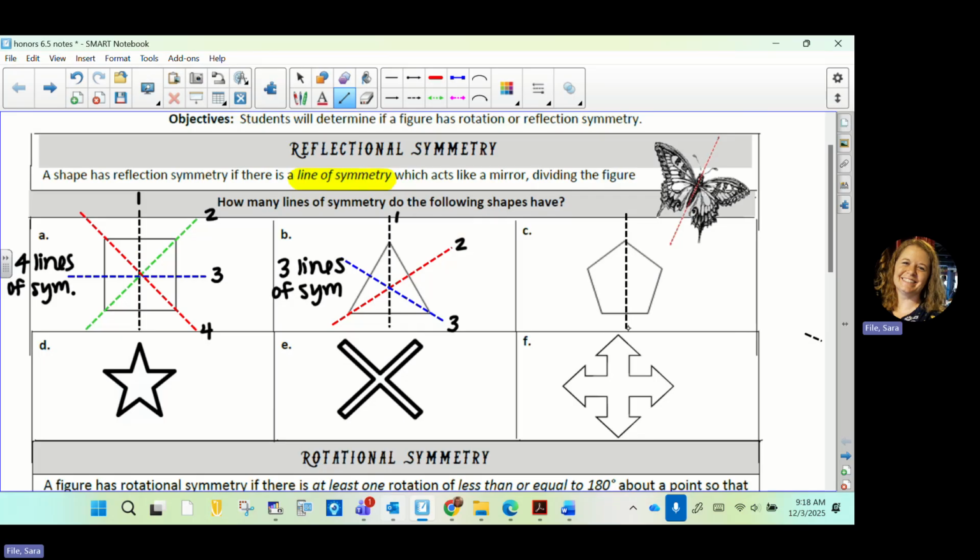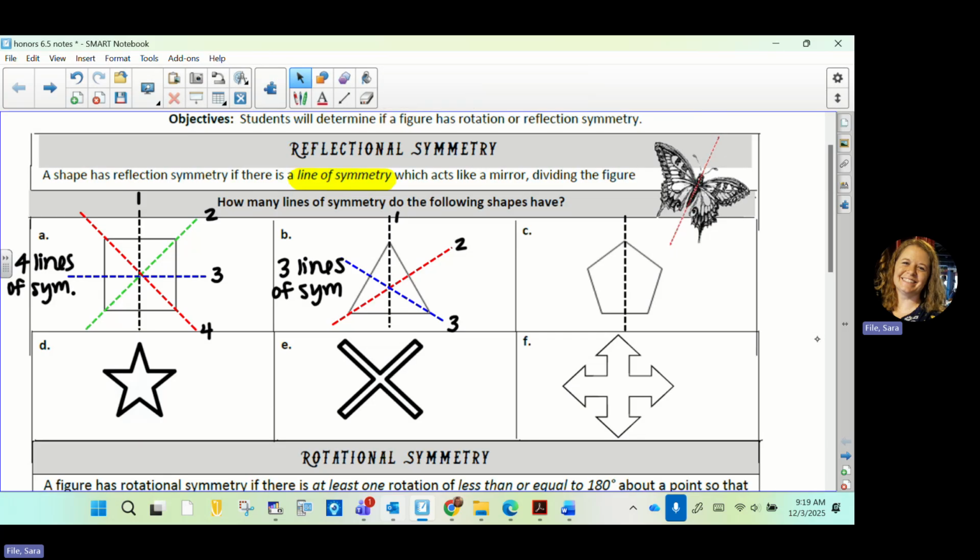So I could draw that, and if I folded it over that, I don't think I drew that right in the center. If I move that over a little, it might look better. Get it right in the center, but you get the idea. So yes, this one has a line of symmetry here.